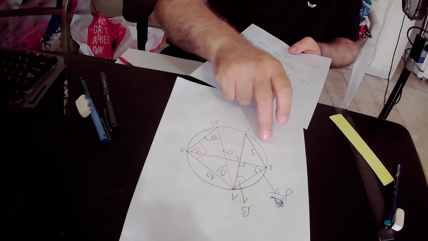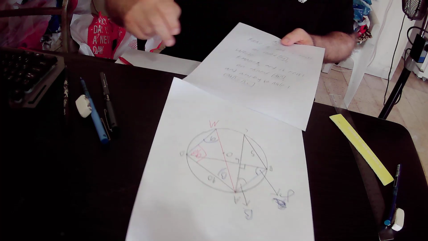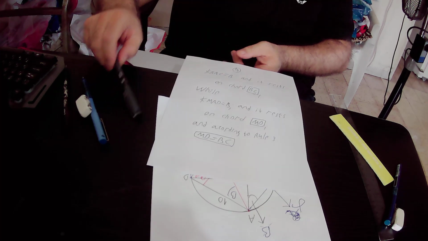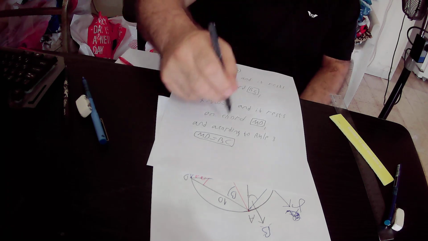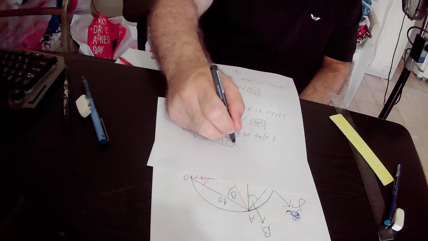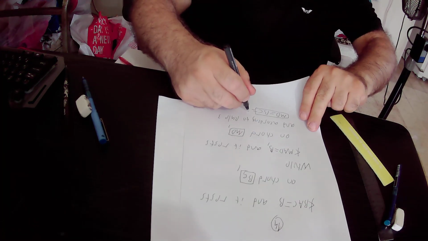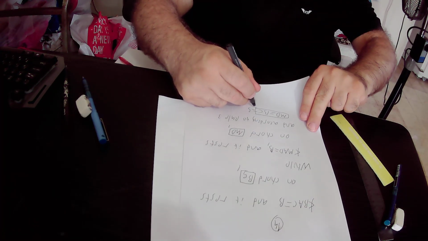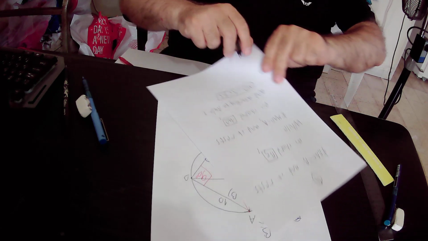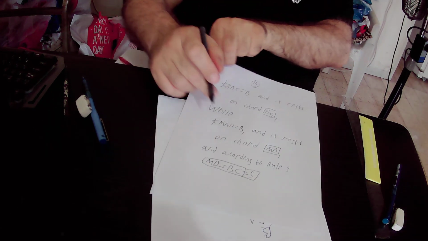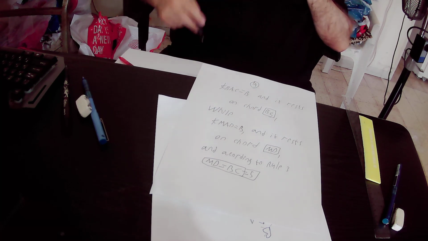As you can see here, BC equals 5 units. So we can add here that BC equals 5 units, according to what is given in the question.